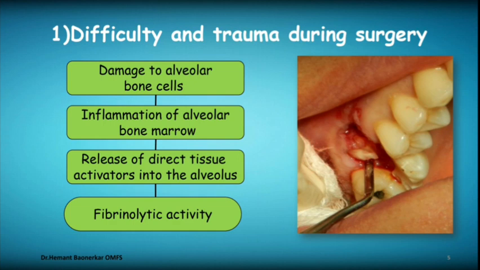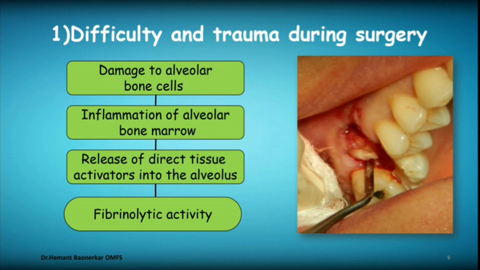Difficulty and trauma during surgery cause damage to the alveolar bone and its surrounding tissue. Due to more damage, more healing is required at the extraction site, and there is inflammation of the alveolar bone and gingiva.